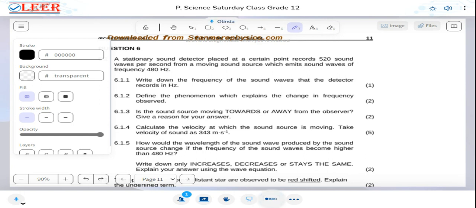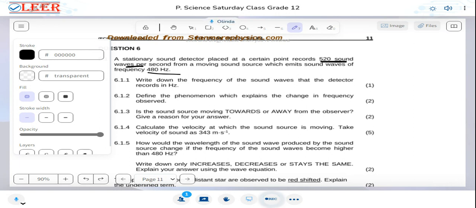Okay, so they say a stationary sound detector placed at a certain distance records 52 sound waves per second from a moving source which emits sound waves of frequency 480 hertz.